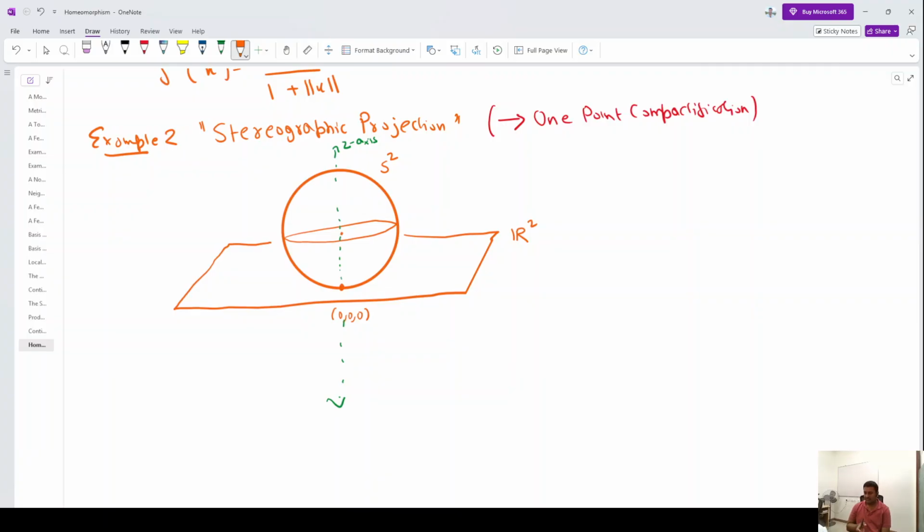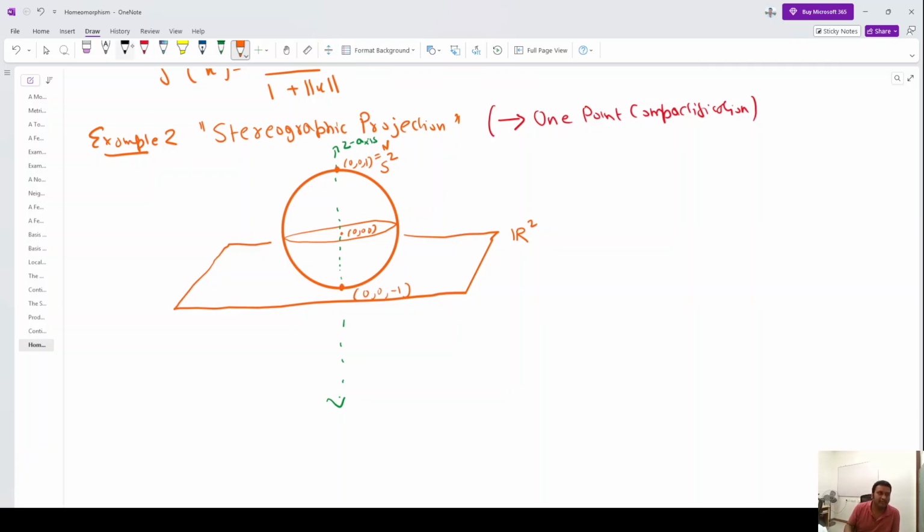You are shifting it up or below, whatever. For you, I can make an exception. So let us take this R2 at this level. So say this is the point 0, 0, -1. Now this is the origin and this is 0, 0, 1, which we'll call the North Pole. Okay?